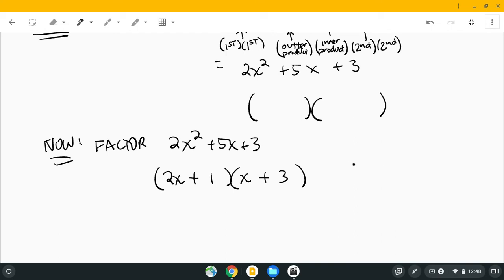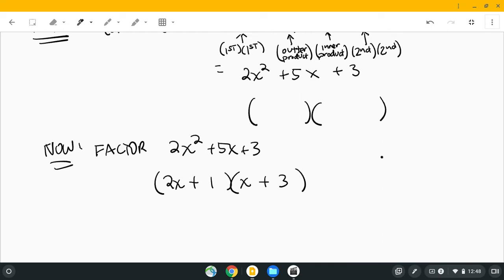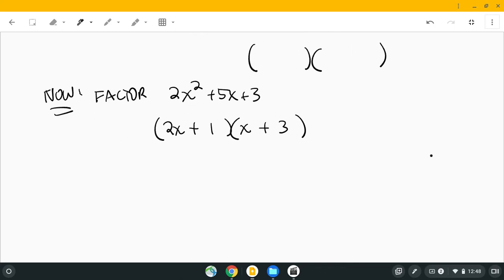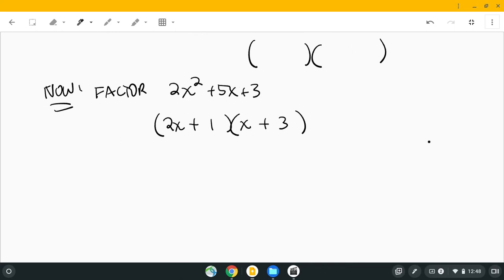But you always need to make sure that you also get that middle term. And we see here, to get the middle term, it's that outer product and that inner product combined. So let's go ahead and do that outer product, positive 6x, and that inner product, positive 1x.